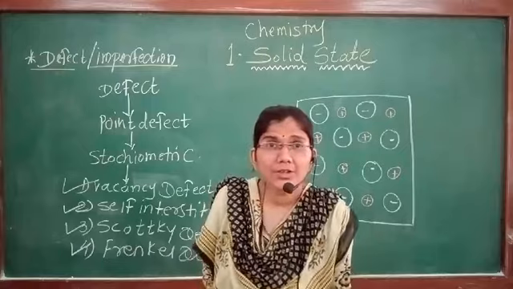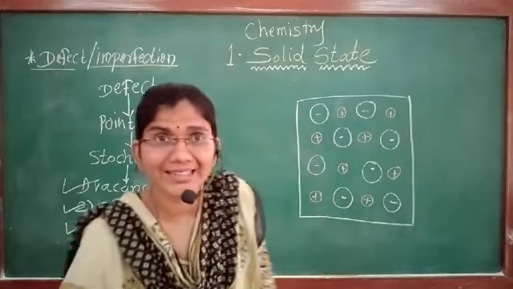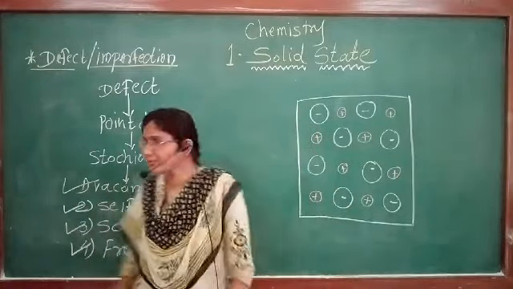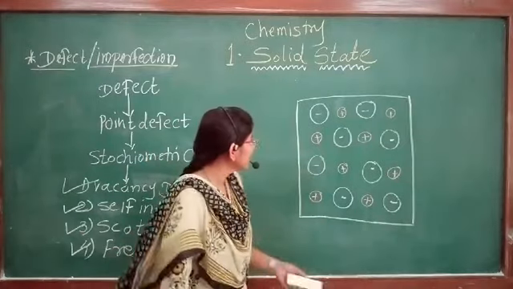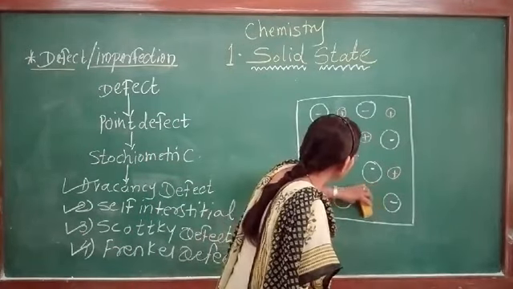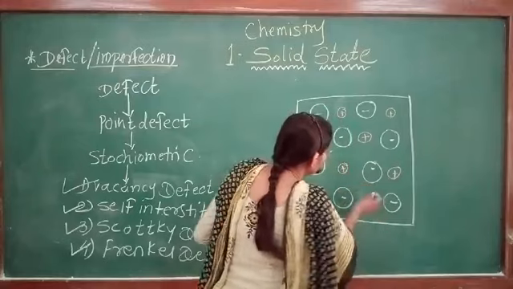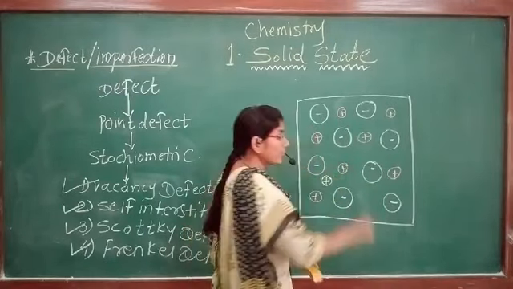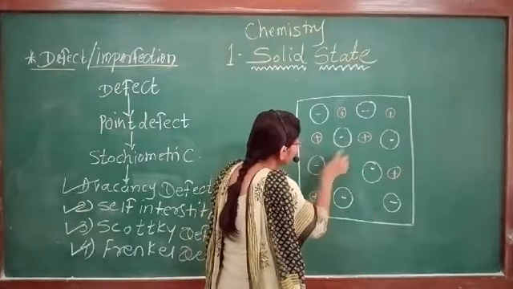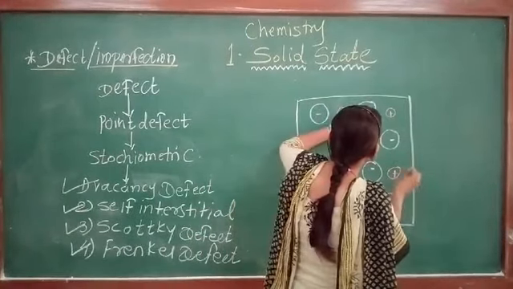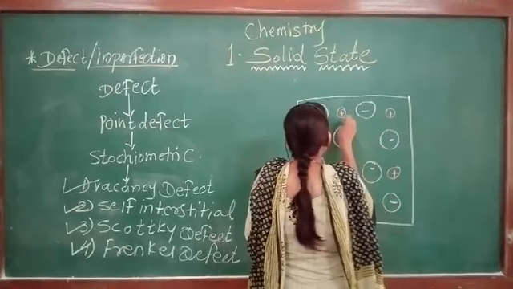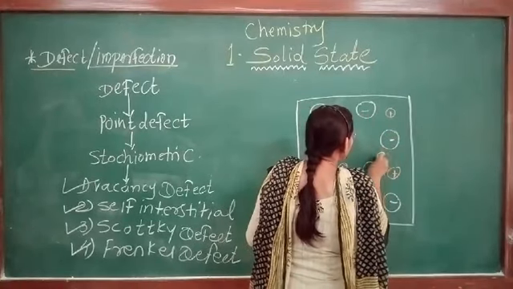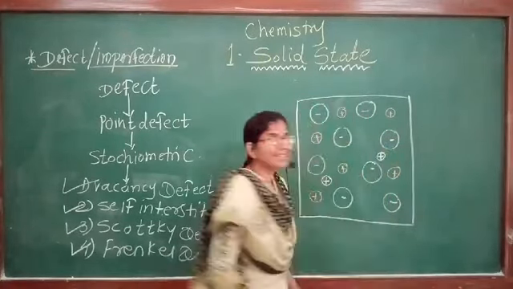And as we know, the cations are smaller than the anions, and therefore in the Frankel defect the cations lose their regular site position and go into the interstitial site.